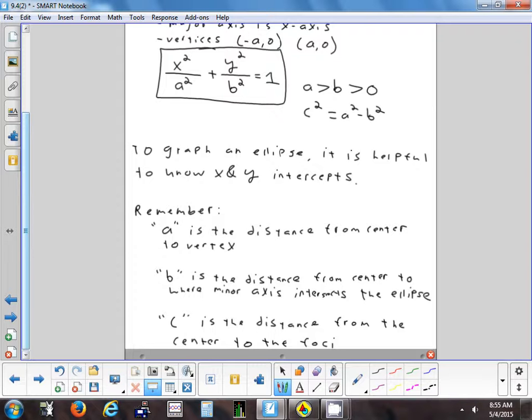So B is the distance from the center to where the minor axis crosses the ellipse. And C is the distance from the center to the foci.